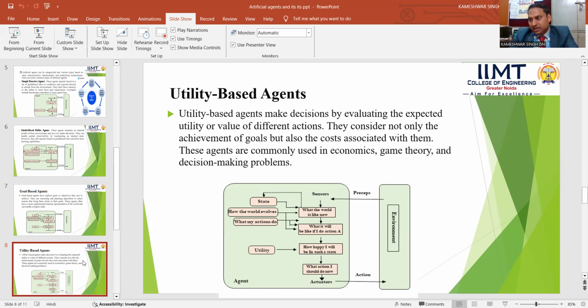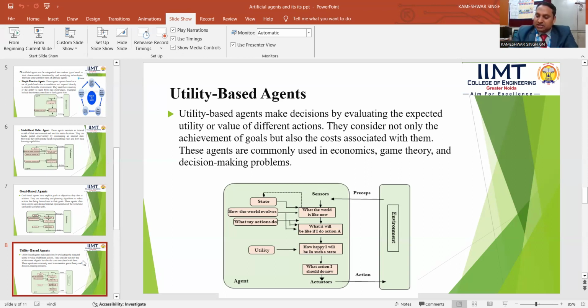So there are certain types of problems, and we can find the easy way and cost-effective routes through the utility-based agent.